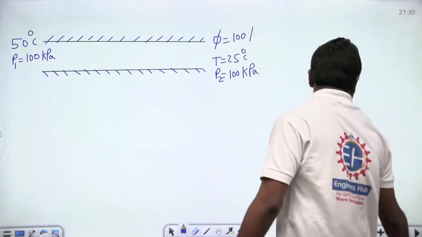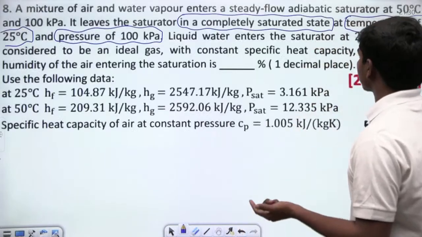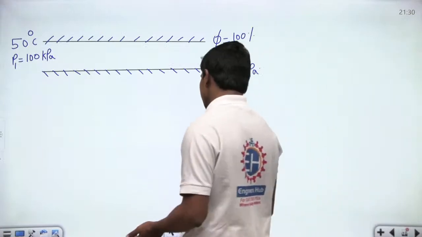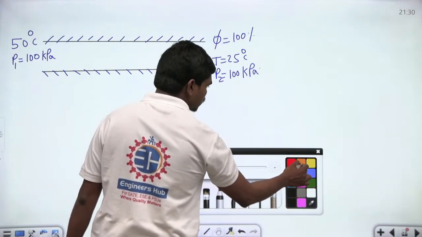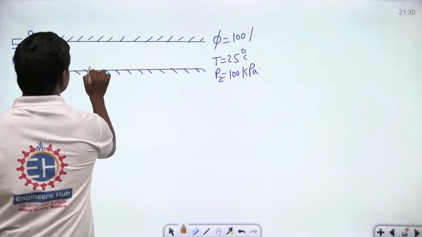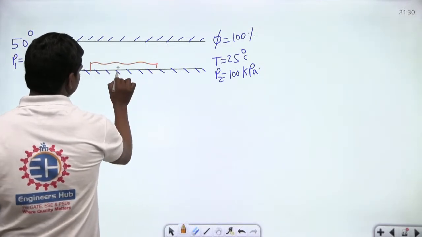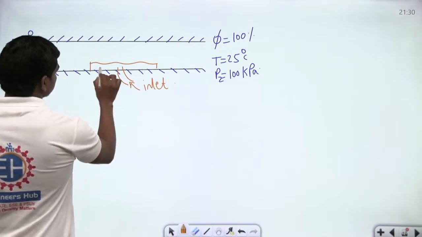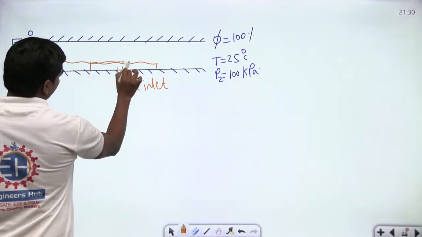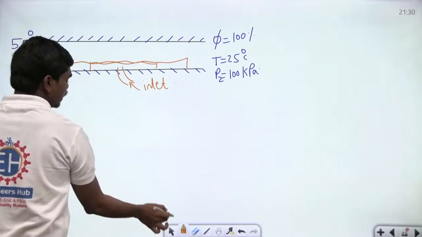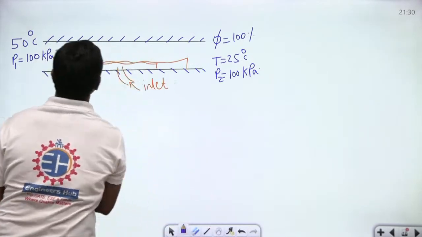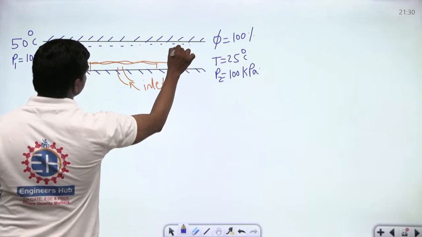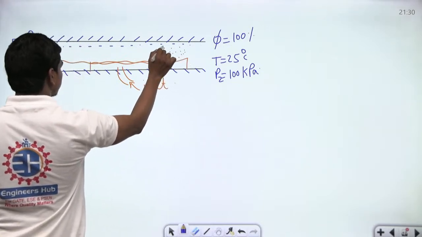Next, let us read the question. Liquid water enters the saturator at 25 degrees Celsius. Of course, how does saturation occur? There will be some feed water or backup water situated here, which enters through some inlet, and it forms a layer of good enough length, so that by the time the air reaches this point, it is completely saturated. I am trying to draw some air molecules here.